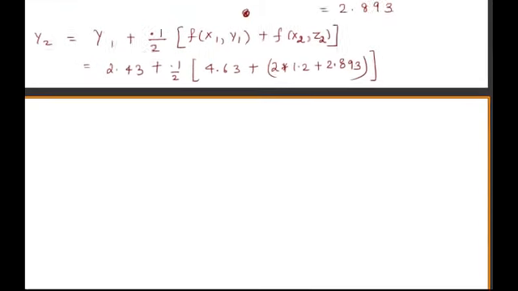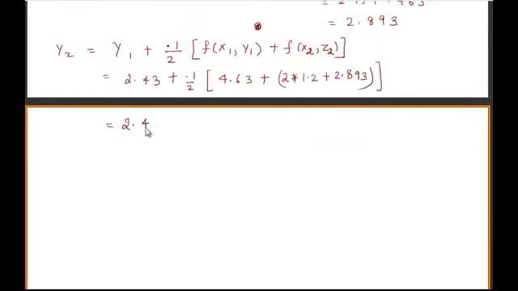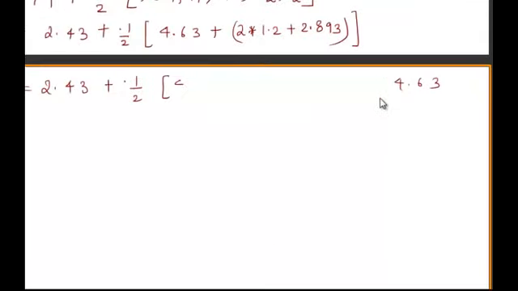So we get here 2.43 plus, simplifying this expression, 4.63 we have, then we have here 2.4, then we have here 2.893, so it should be 9.923.